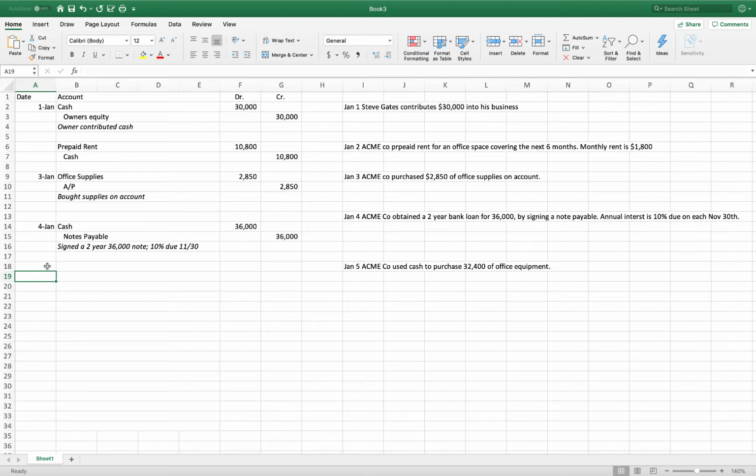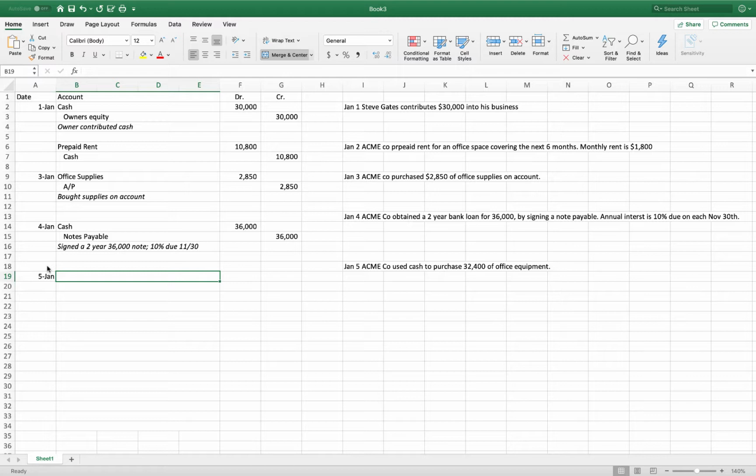Office equipment is an asset, so my asset is going up $32,400. Okay, so the accounting equation is in balance. Why? Because one asset goes up, another asset goes down. Okay, so on January 5th, I need to make this journal entry.